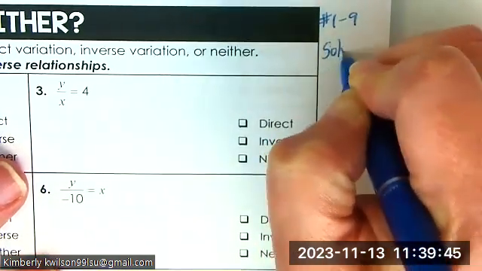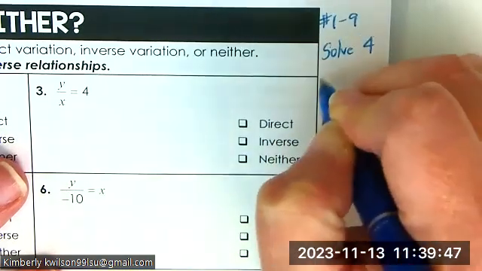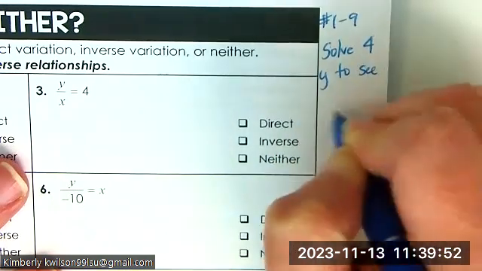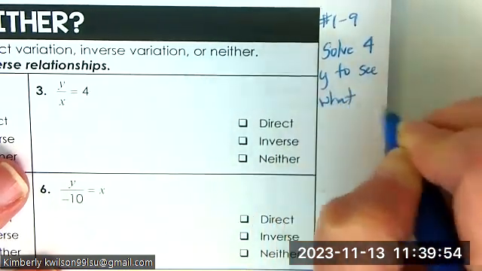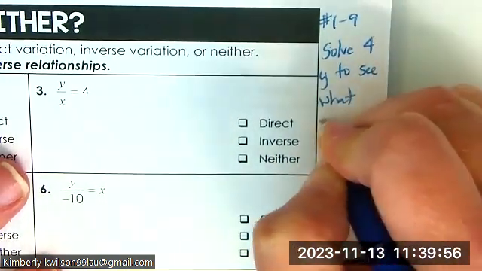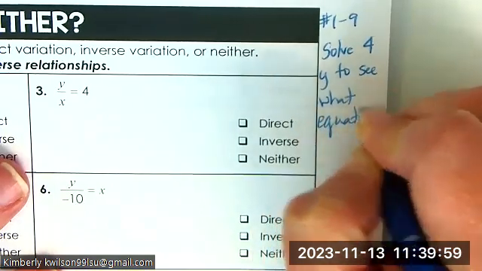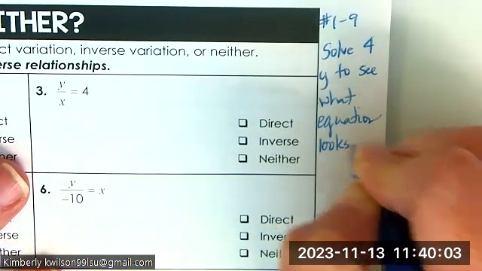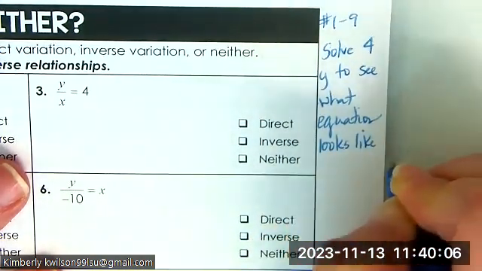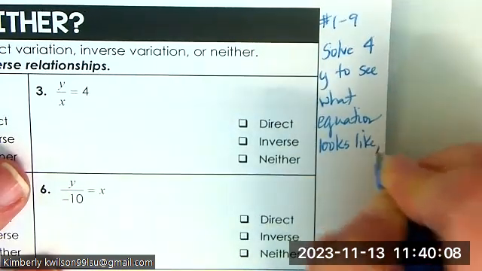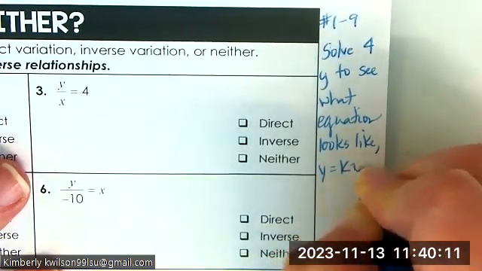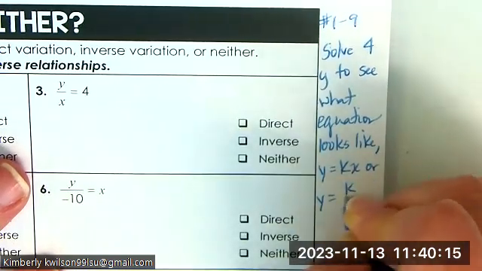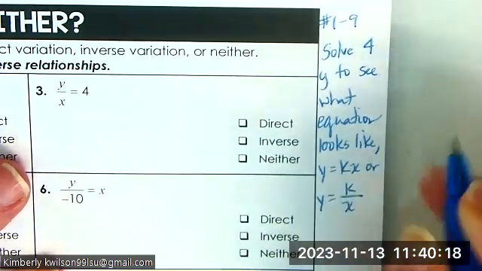We solve for y to see what the equation looks like: y equals kx or y equals k over x.